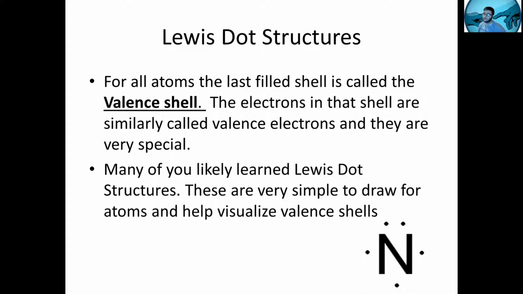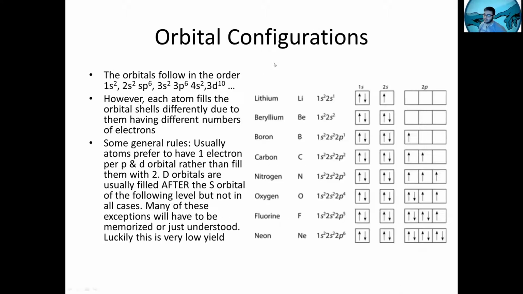Many of you have likely learned Lewis dot structures, which are a way to draw atoms to help visualize specifically the valence shell and the valence electrons, right? If we want to look at nitrogen, which is right here, you can see its valence shell is 2, because there's 2s2 and 2p3, which is actually 5.